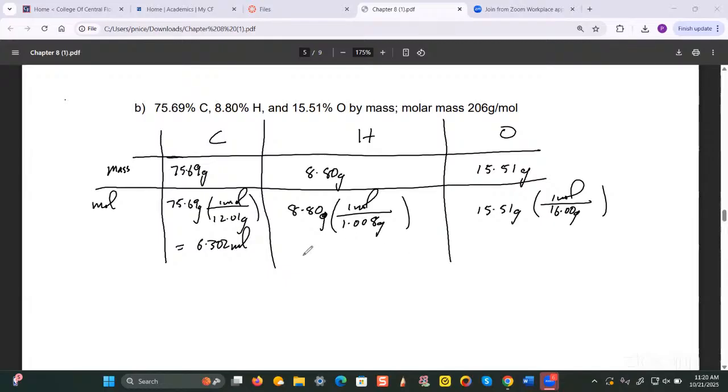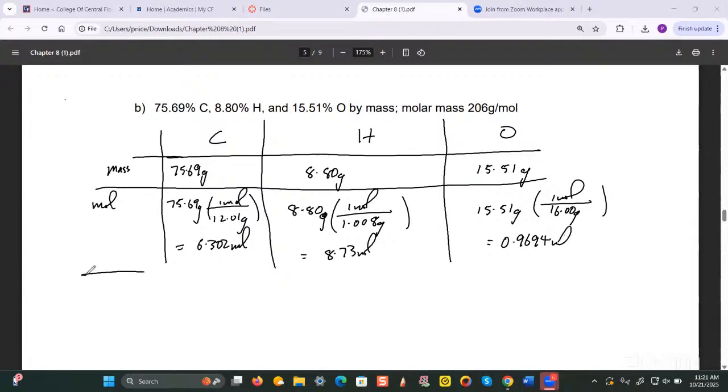And according to my calculation, this works out to be equal to 8.73 moles. And then finally, in the case of oxygen, it's 15.51 divided by 16. And according to my calculation, this works out to be equal to 0.9694 moles, all right? So that's how we do that.